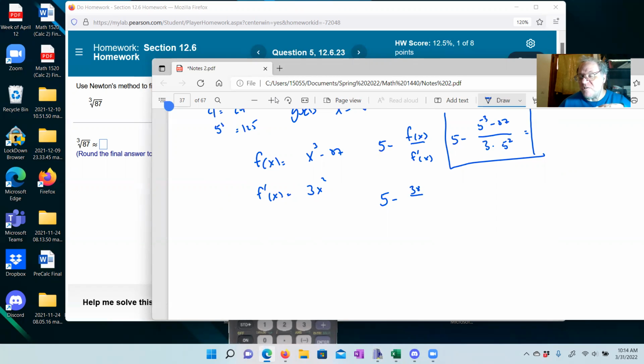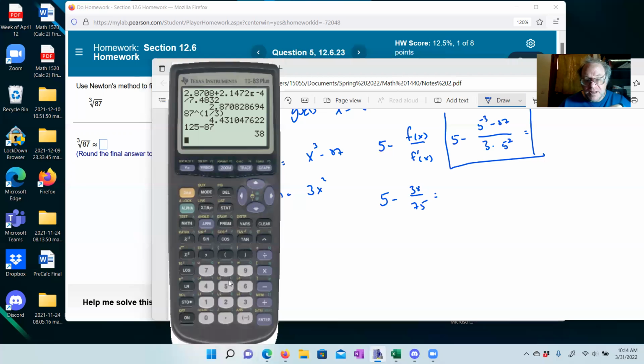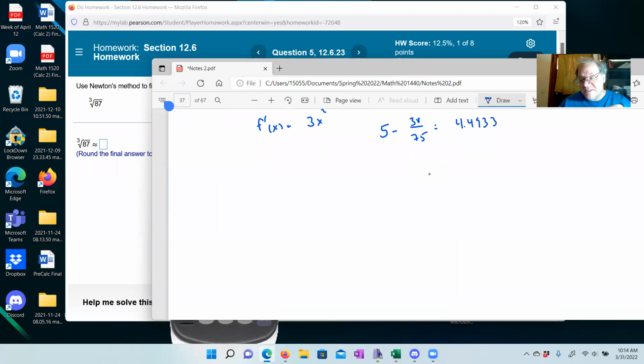And then 3 times 5 squared, that's 25 times 3, 75. I'm going to do it in decimal places simply because that's pretty much the realm we're dealing with. I'm not going to worry about fractions so much. So this was 5 minus 38 divided by 75, and equals 4.4933. So that's our new guess.